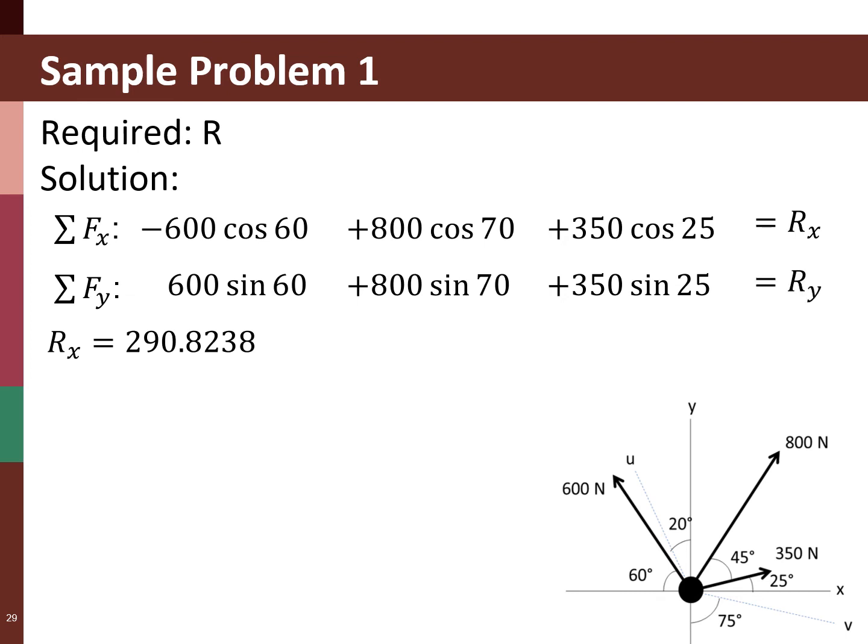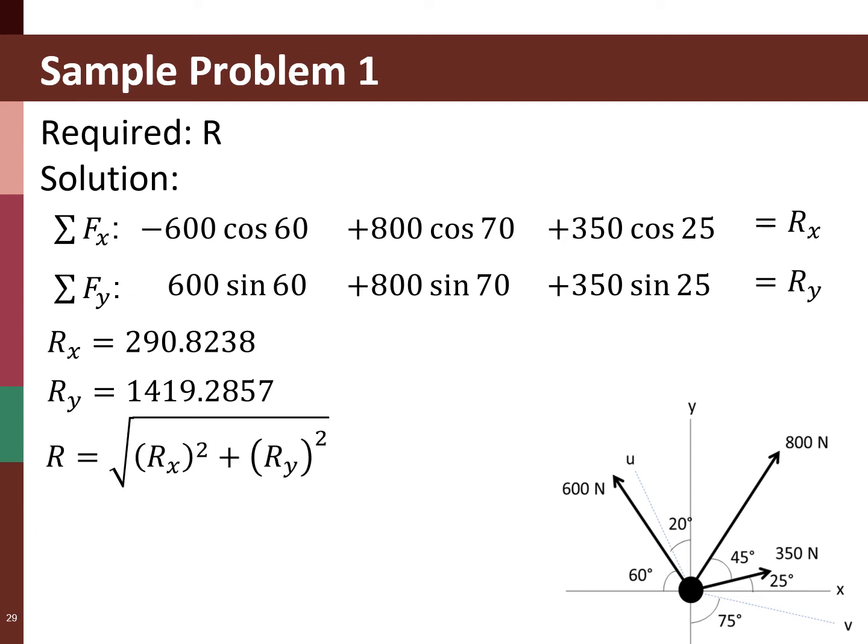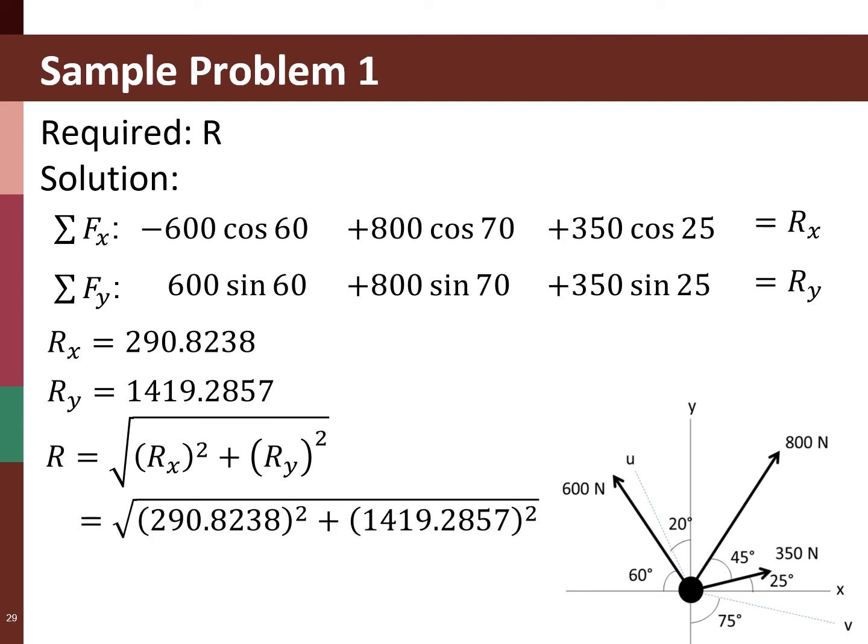This is equal to the y component of the resultant, which is equal to 1419.2857. Solving the magnitude of the resultant, we get the square root of r sub x squared plus r sub y squared. Plugging in the values, the magnitude of r is equal to 1448.7755 newtons.